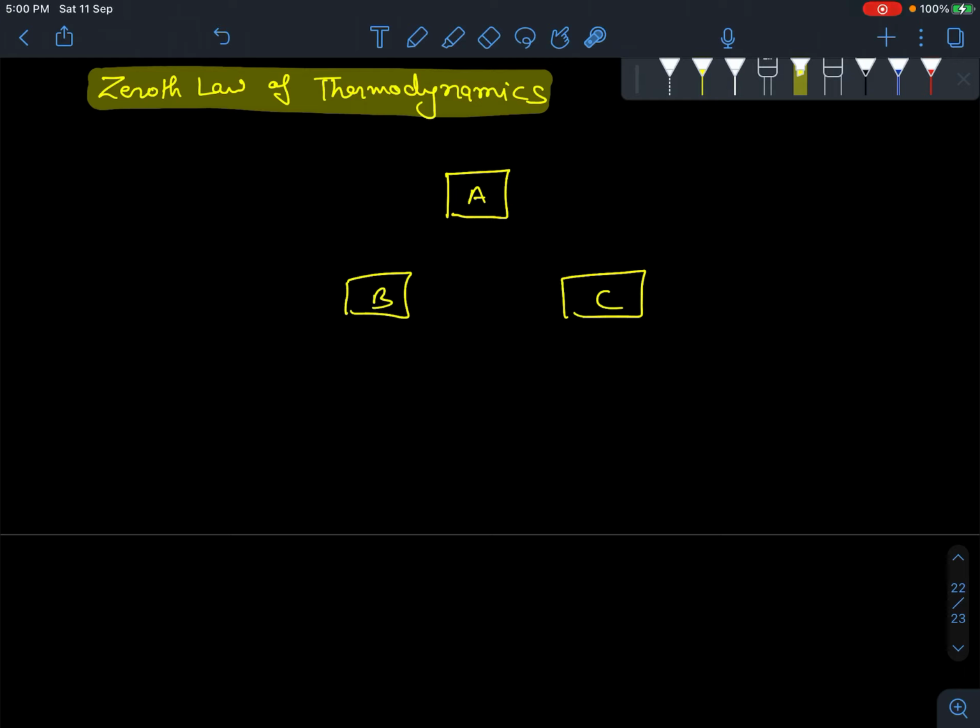right? So suppose body A and B are in thermal equilibrium.